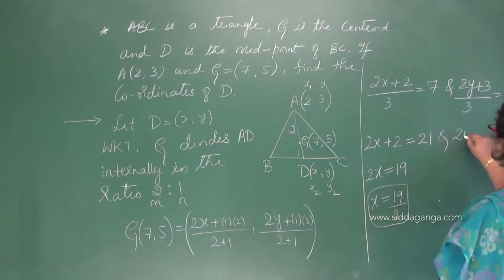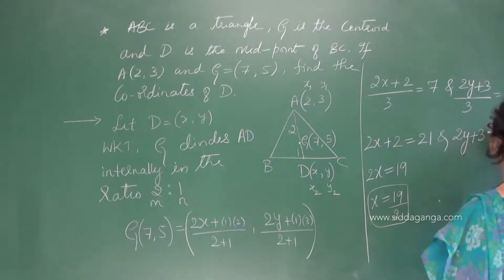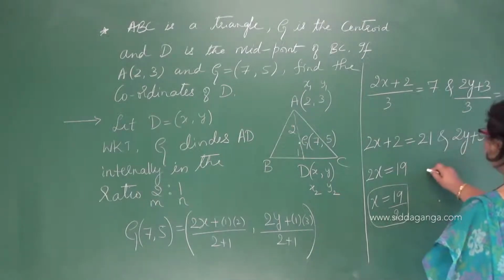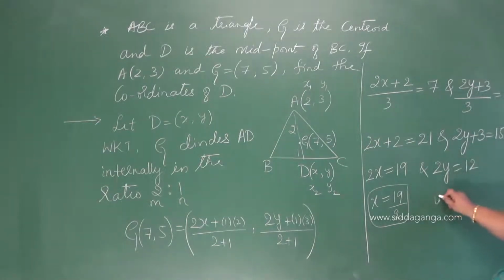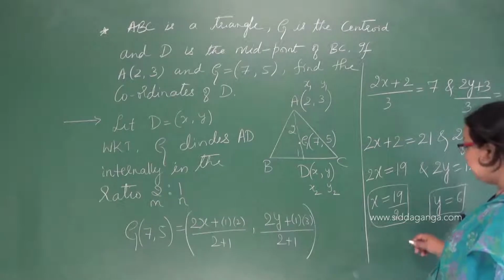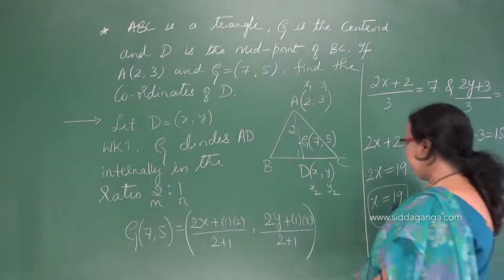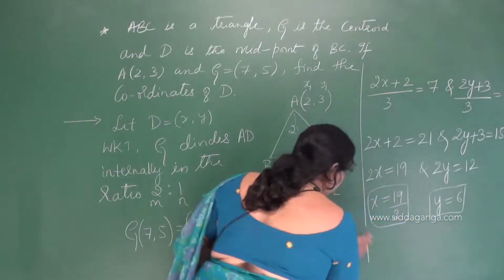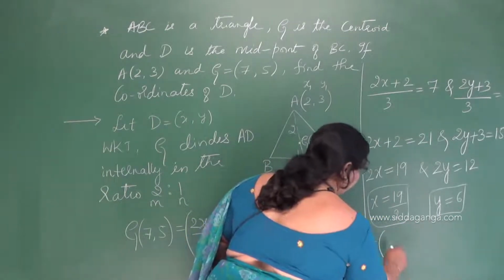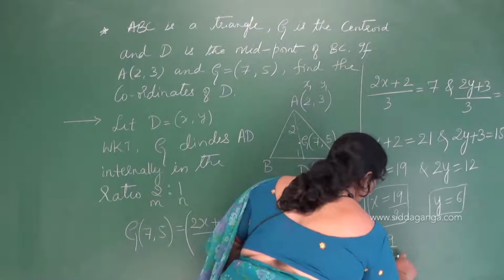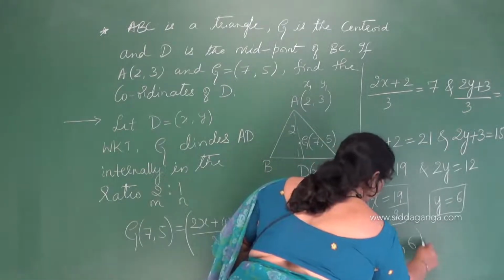Similarly we get 2y plus 3 equals 15. So 2y equals 15 minus 3, which is 12. Therefore y equals 6. So the coordinates of D equal x comma y, that is 19 by 2 comma 6.